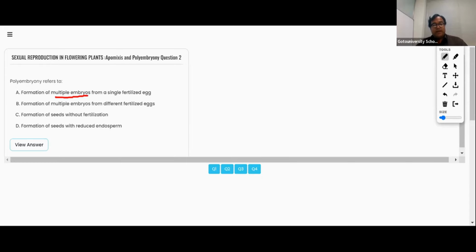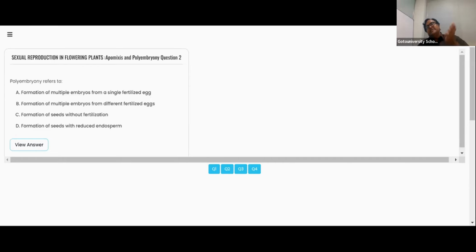So here polyembryony means many embryos. Polyembryony means many seeds like this. Can you give an example, such as dragon fruit? This question was asked in the board exam two years back.